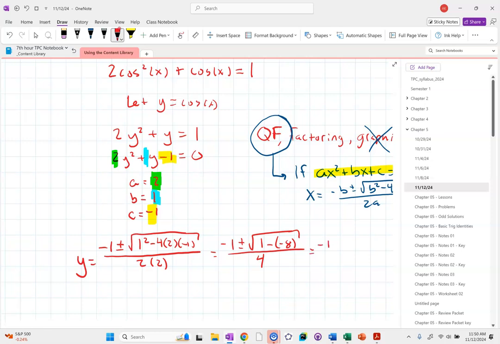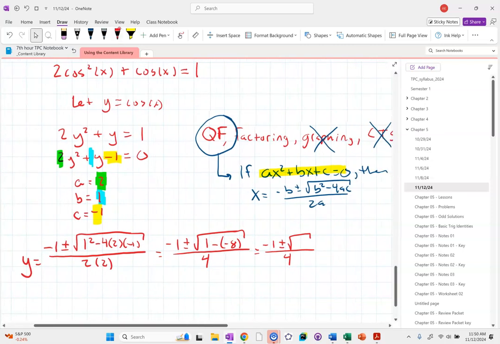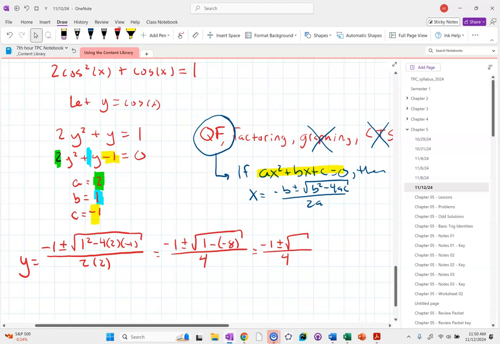Okay, what's 1 minus negative 8? Anybody can answer this. 1 minus negative 8. Nope, not negative 7. 9, right? Minus a negative means plus. What's the square root of 9? 3.